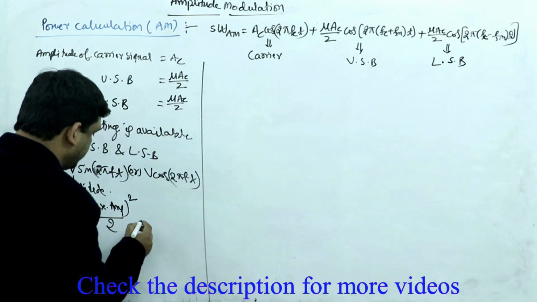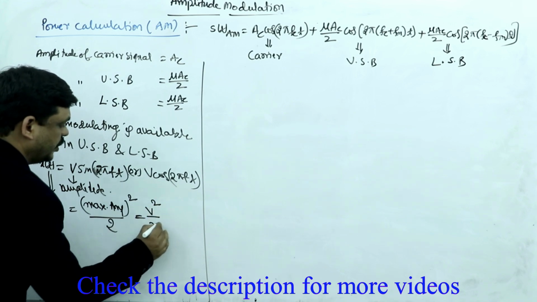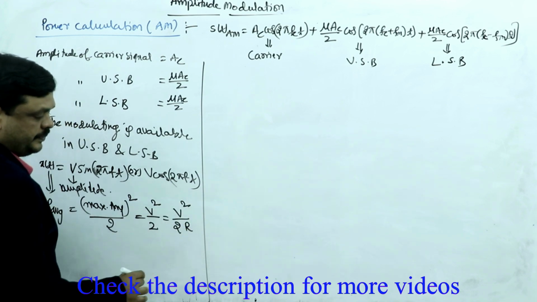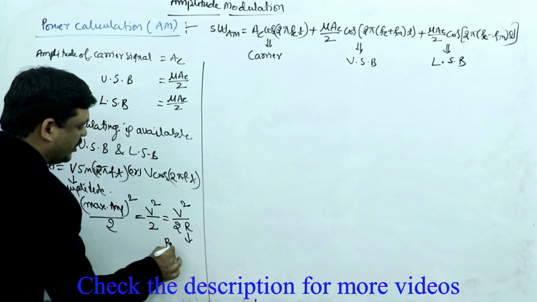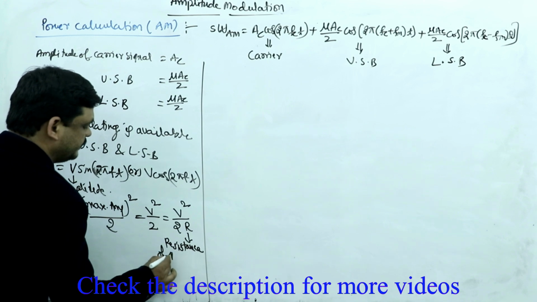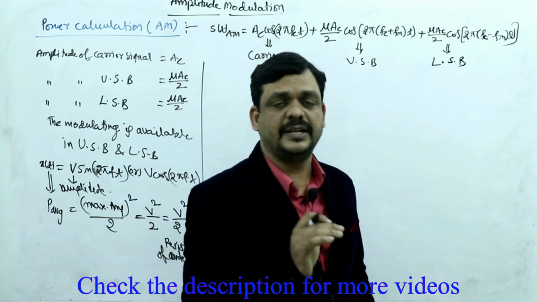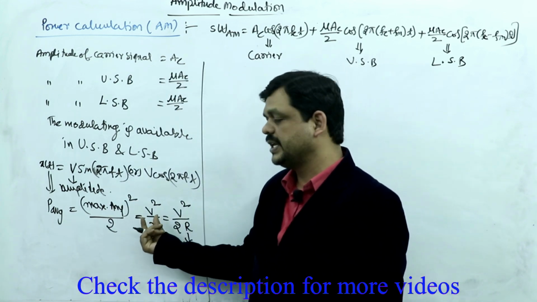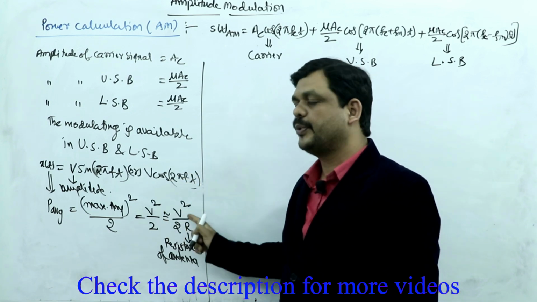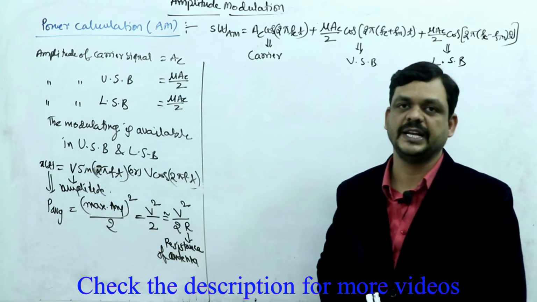Otherwise, sometimes we can write it like this: your maximum amplitude is V, so V square by 2, or sometimes V square by 2R, where R is the resistance of the antenna. If the resistance of the antenna is not given, then immediately we have to take the normalized power, which is V square by 2. That's why I wrote the approximate equation. V is nothing but the maximum amplitude of the sinusoidal signal.